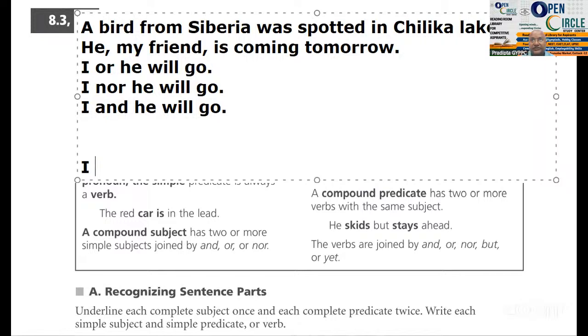He skids but stays ahead. मतलब क्या है? Skid, फिसलना. वो फिसलता है लेकिन आगे रहता है. So what are the verbs? Skids and stays. So two verbs in one predicate. This is a compound predicate. Everybody understand?